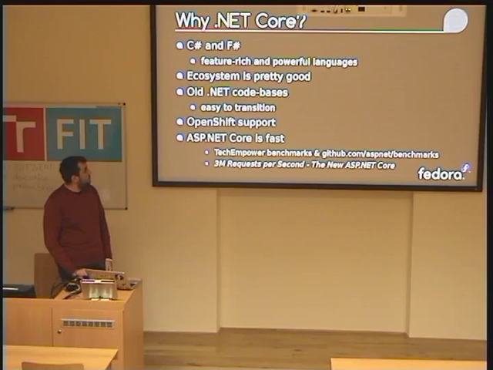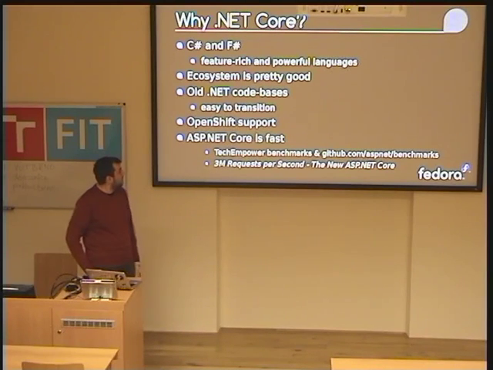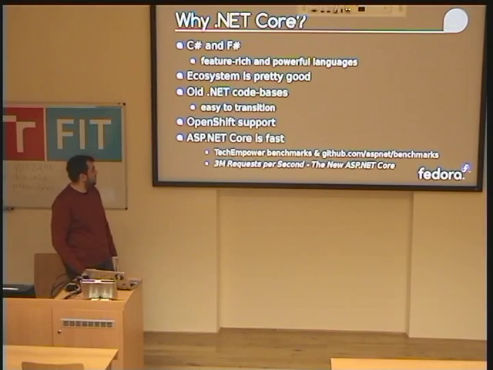Also, you should consider using .NET Core if you have an old .NET code base which you need to maintain. It's now much easier to transition to .NET Core than to completely rewrite your application in another language, obviously, because it's the same language. Also, there's support, as Tom demonstrated, for OpenShift.